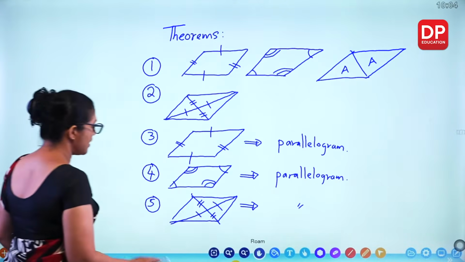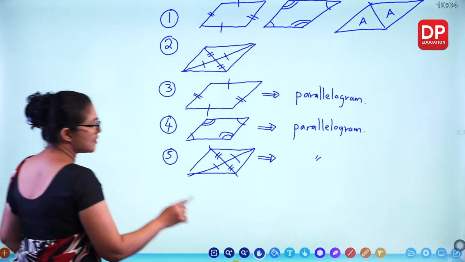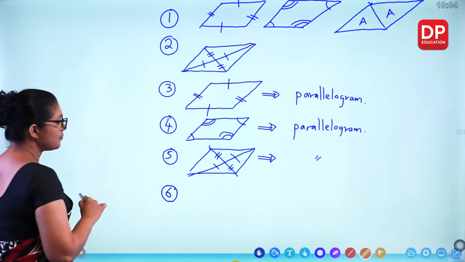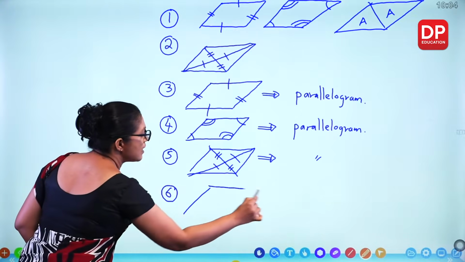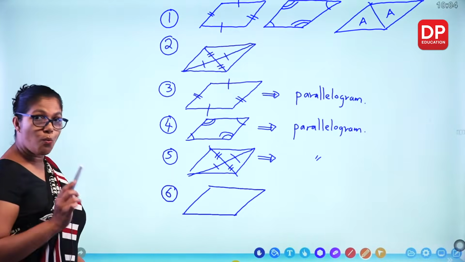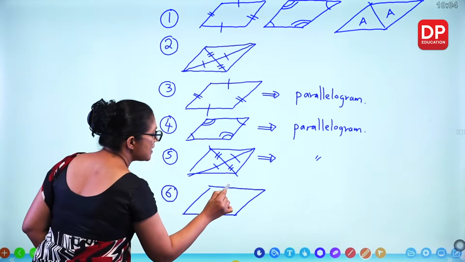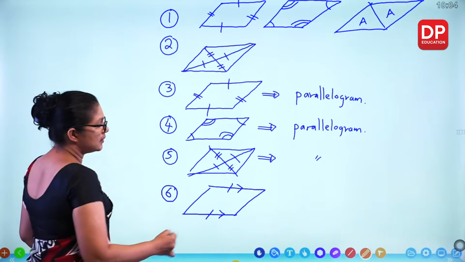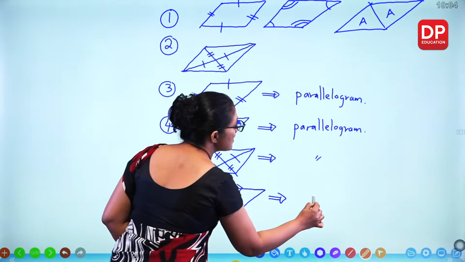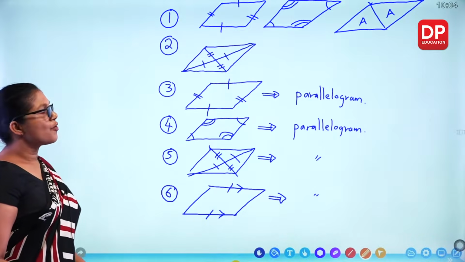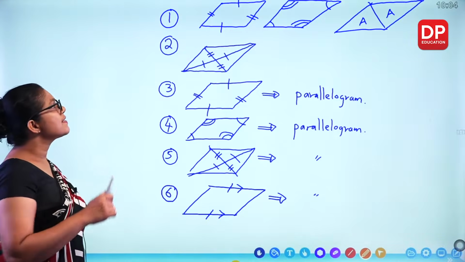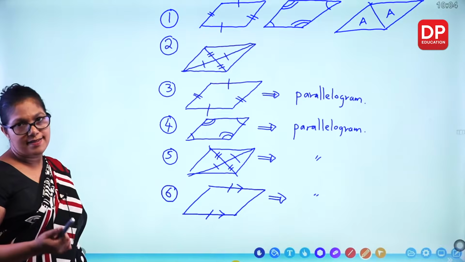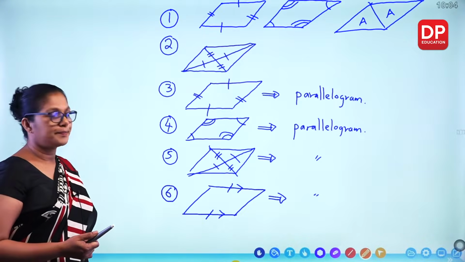And the last one says, in a quadrilateral, one pair of opposite sides equal and parallel, then it's a parallelogram. So remember all these 6 theorems related to parallelograms to do the exercises and the examples.